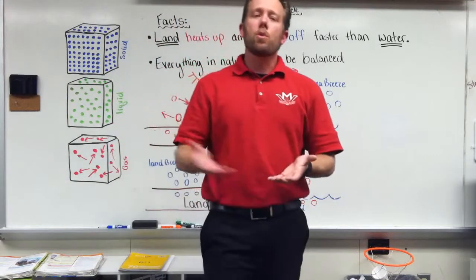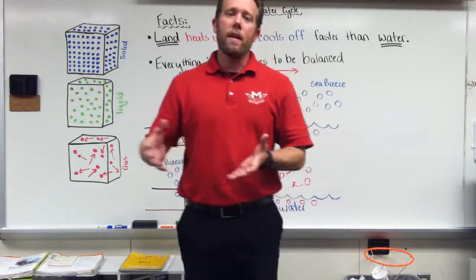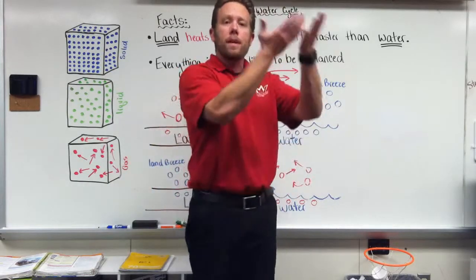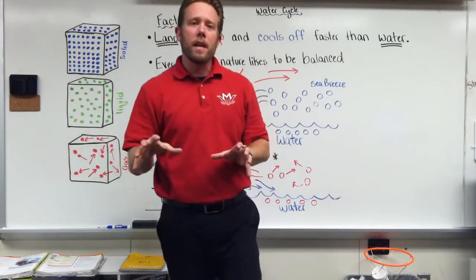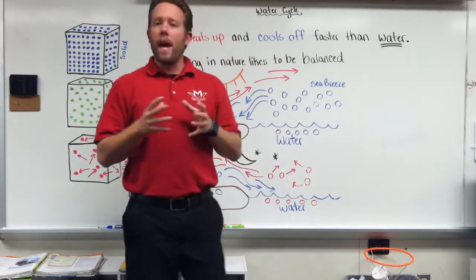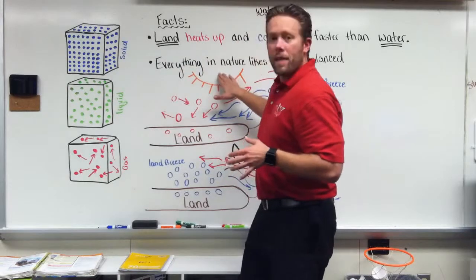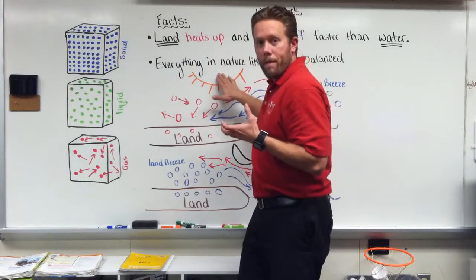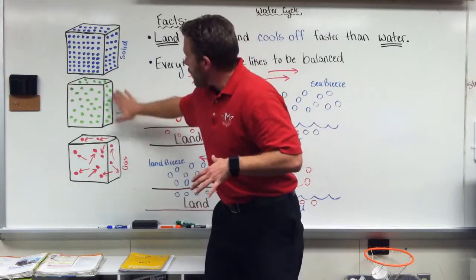Okay? So there's three primary phases of the water cycle. We have evaporation, we have condensation, and then we have precipitation. Now evaporation is when liquid water gets warmed up by the sun in the ocean, and the water molecules move around a lot faster.